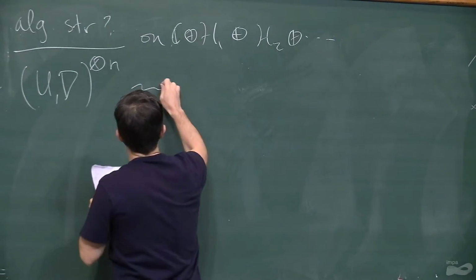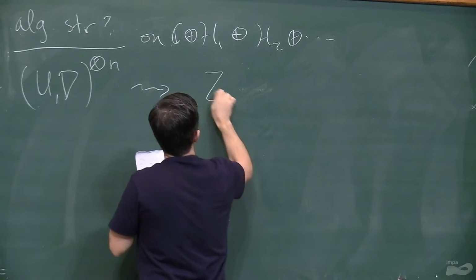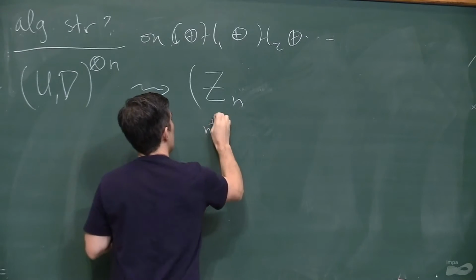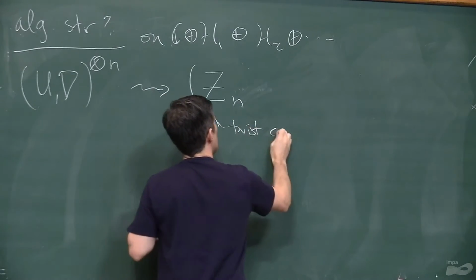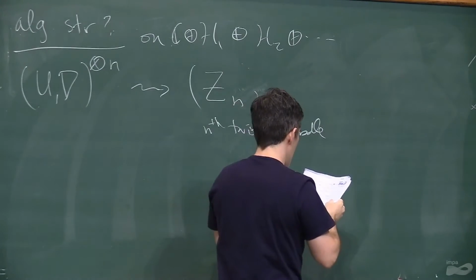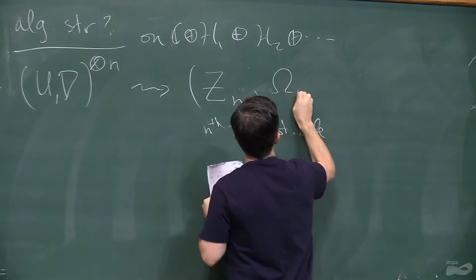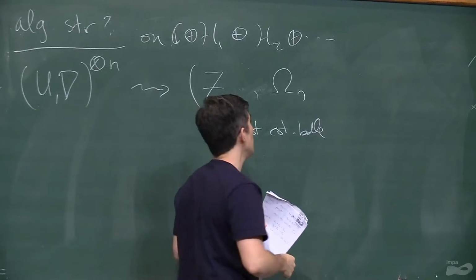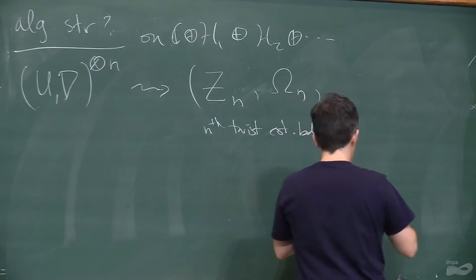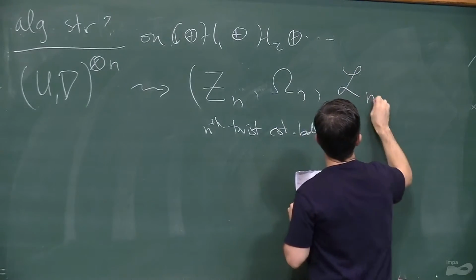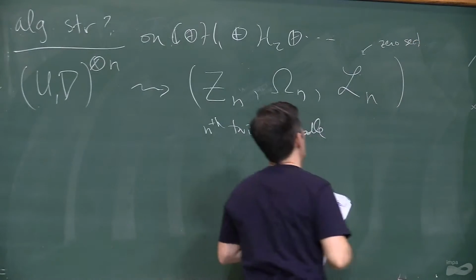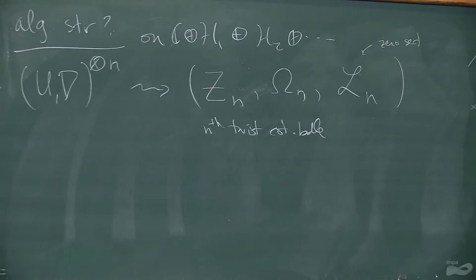And what I will produce from this is the nth twisted cotangent bundle. It will be equipped with a holomorphic symplectic form, which will have n times the Kähler form inside it, and the zero section will be one of these Lagrangian branes.